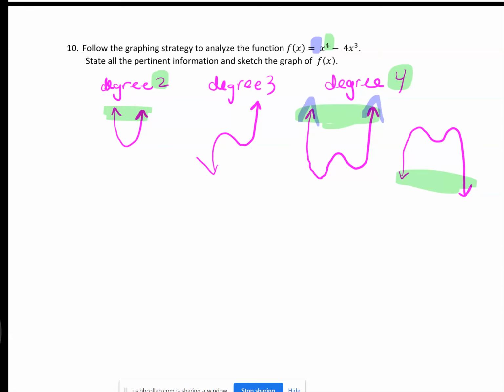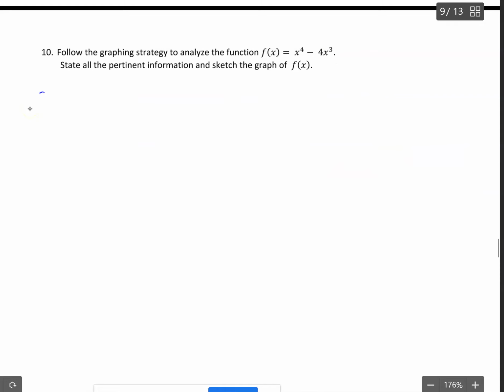So without getting too technical, let's just plug in x equals 0, because that's the easiest thing to do. And then we'll talk about which intercept that is, right? So the first thing we're going to do is plug in x equals 0. So that means you're putting 0 into the function, and you want to see what comes out. That's the easiest calculation. So let's just put 0 in there. 0 to the 4th minus 4 times 0 cubed.